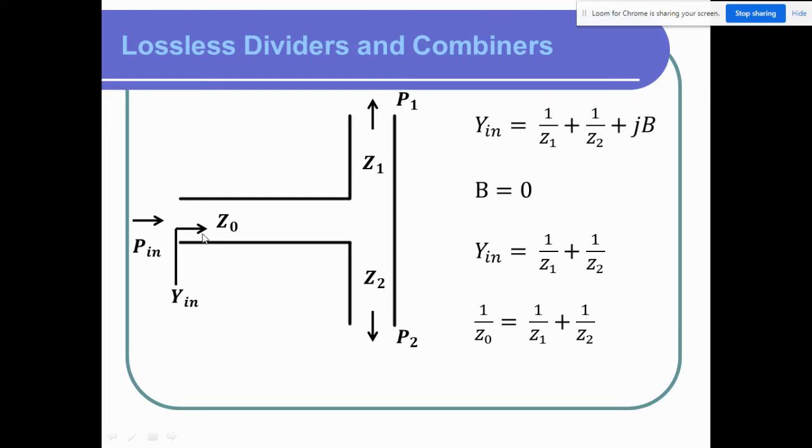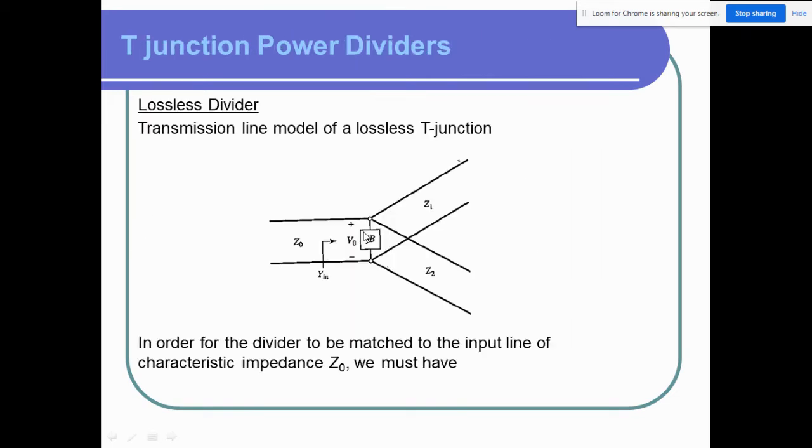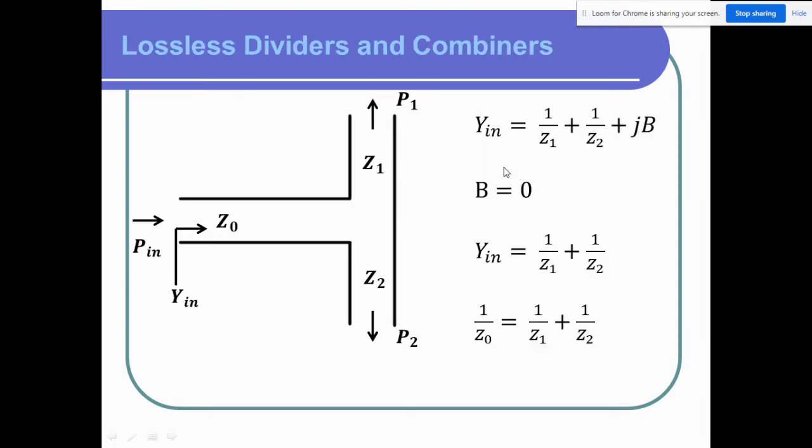Now if you analyze this one, because these are mostly in parallel, you need to find the admittance. Here you can see that this is in parallel with this, plus the junction susceptance here, right? But if it's lossless, the B should be 0.